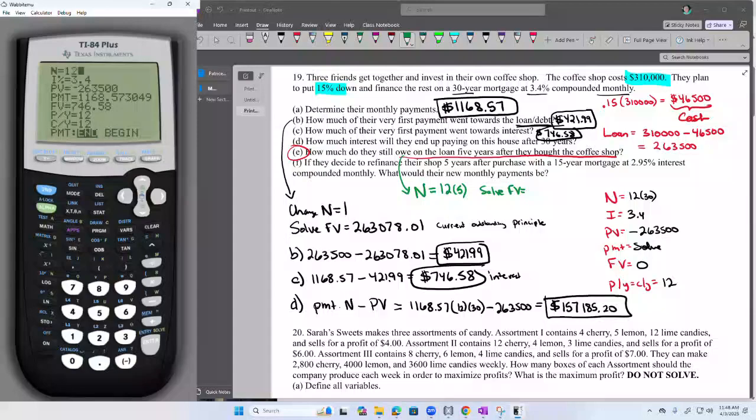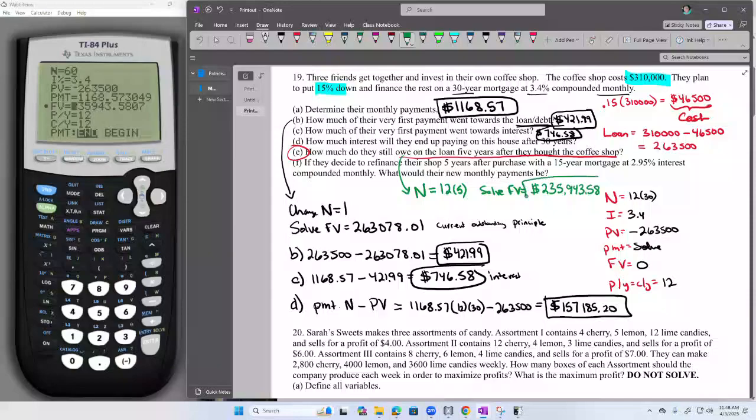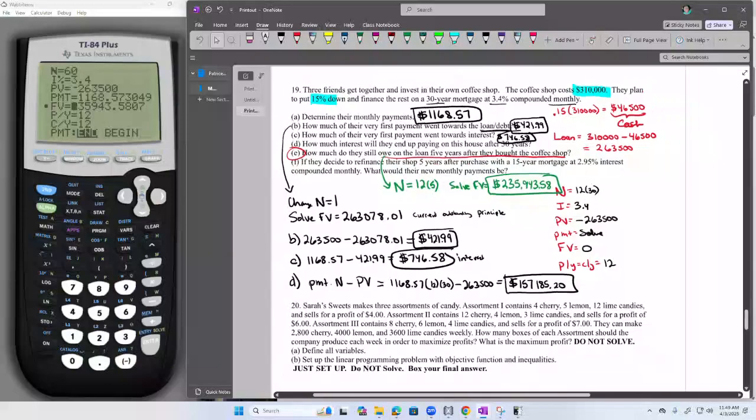I'm going to change my N to 12 times 5, and I'm going to come down and solve for future value. And so after 5 years, they still owe $235,943.58.